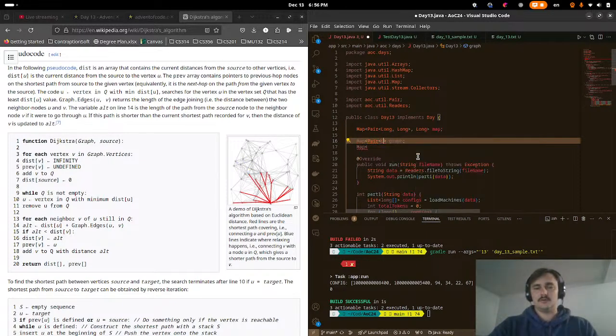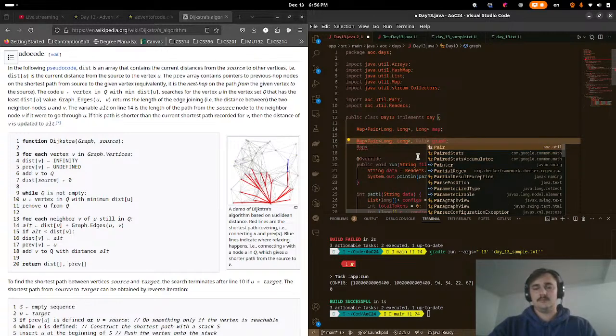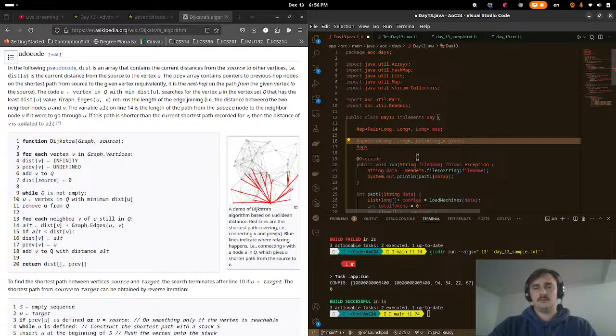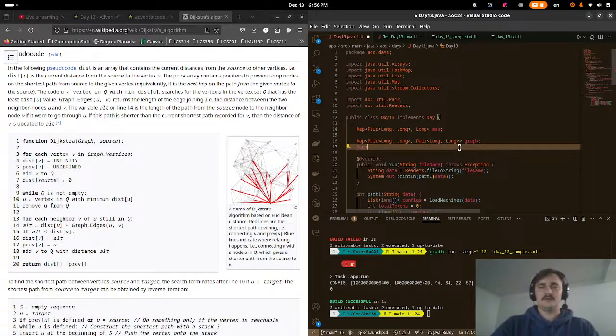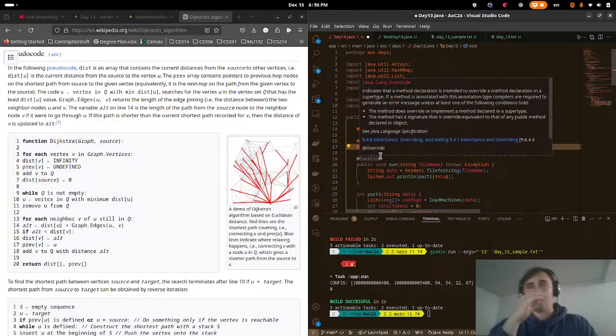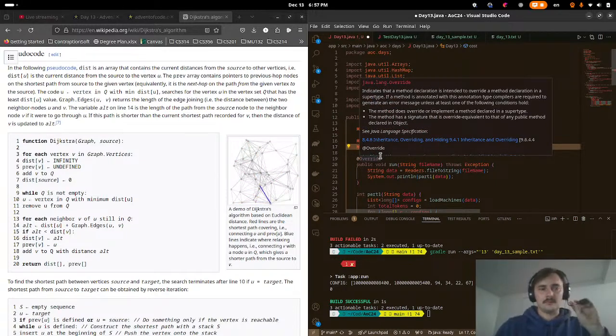Oh yeah, it should be a long to a pair. And the distance map, I'll call it cost, is going to map a distance. Wait, what the heck?